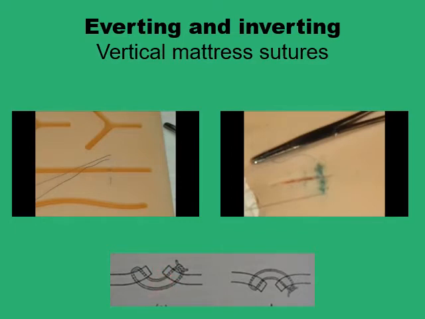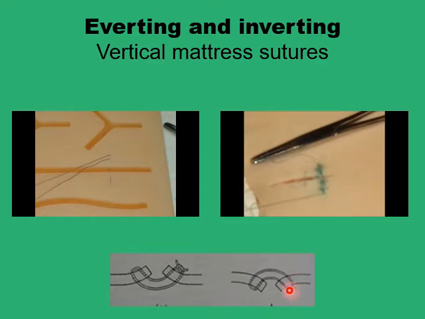The three examples that we had so far, the far, near, or the near, far, all provide skin edge eversion. As you see, when we are tying the knot here, there will be a little bit of skin edge eversion. But if you want the other way around, if you want inversion, then you just have to reverse the configuration of the vertical mattress.